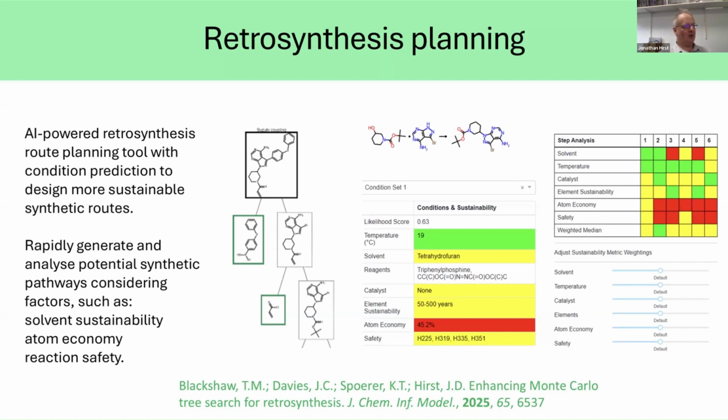You can look at each of those in turn and the color coding on the sustainability, and you can even break down individual steps within those routes on different considerations, for example, around solvent, temperature, catalyst use, atom economy, safety, and you can upweight or downweight those as you prefer.